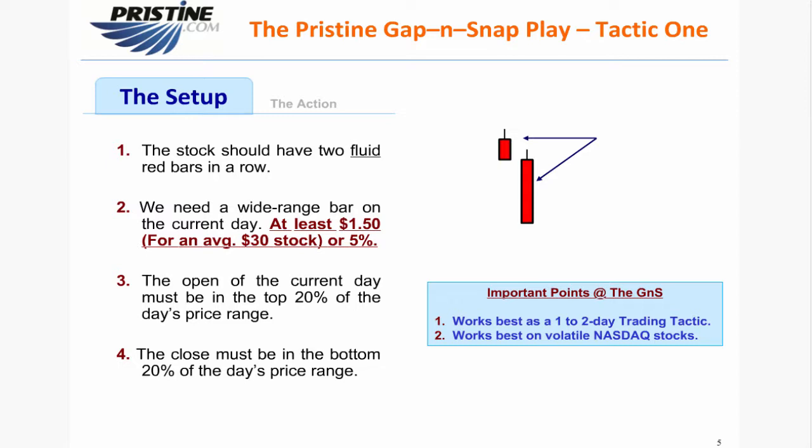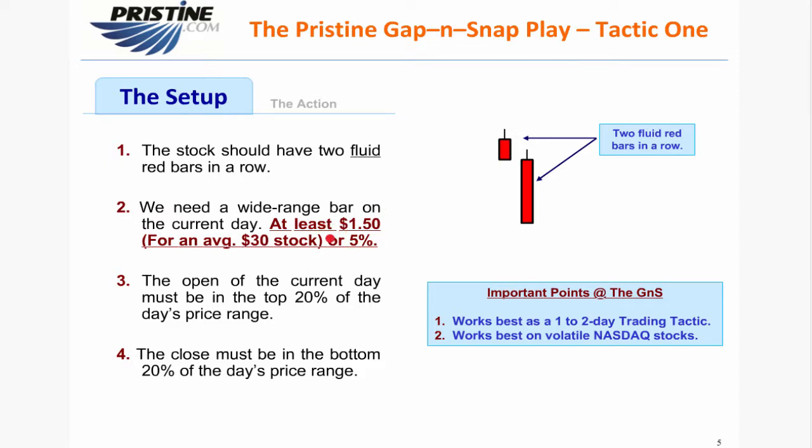So the first of 12 guerrilla tactics that we're going to talk about is the gap and snap play. First of all, let's talk about the setup and what we're looking for. At a minimum, you want to have 2 fluid red bars down, and on the second day, or on the current day, you want to see a wide range bar, that 2020 bar.